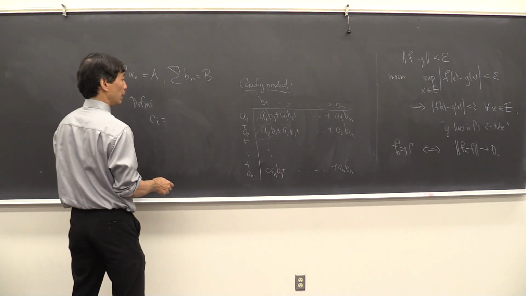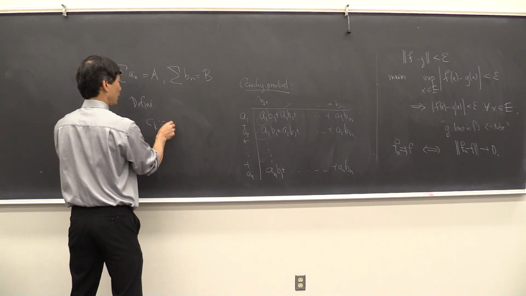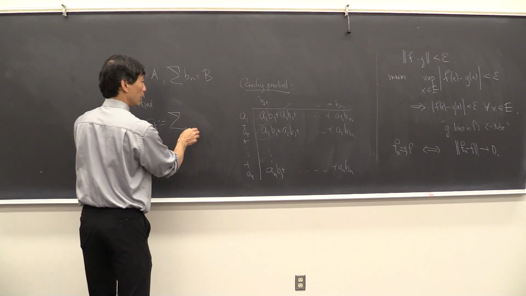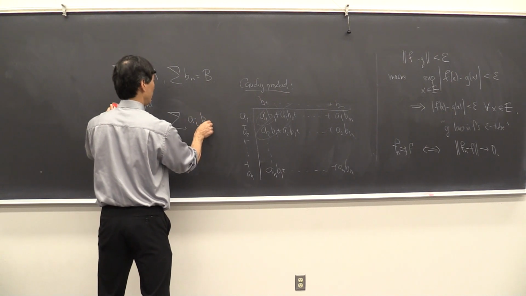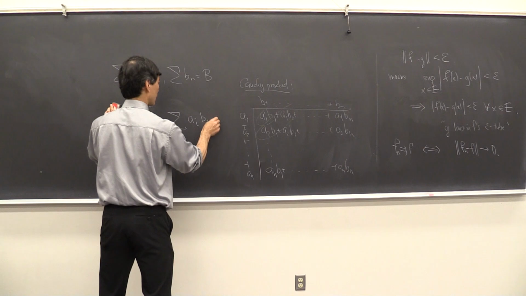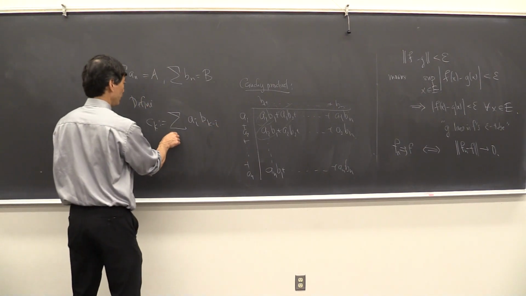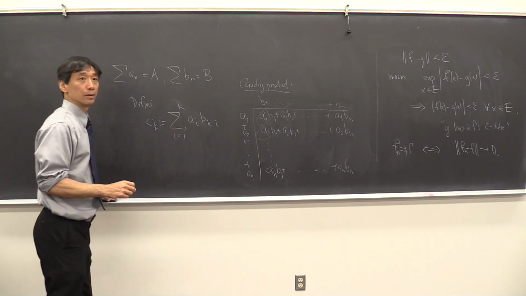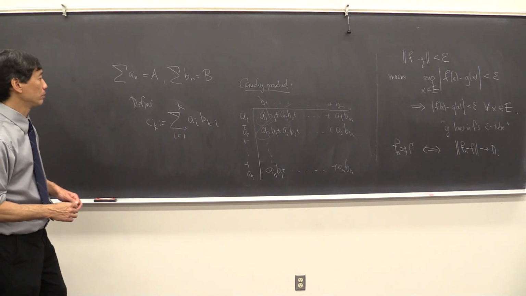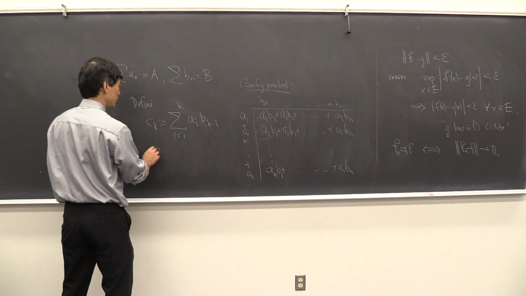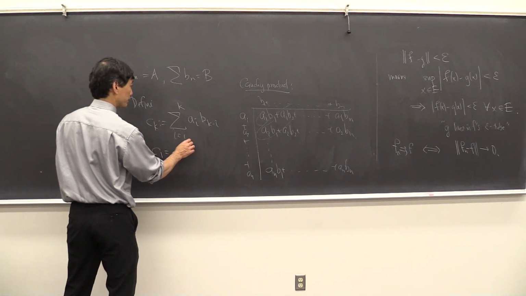So Ck is going to be the sum of Ai times B(k minus i), as i ranges from 1 to k. Do I have this right?